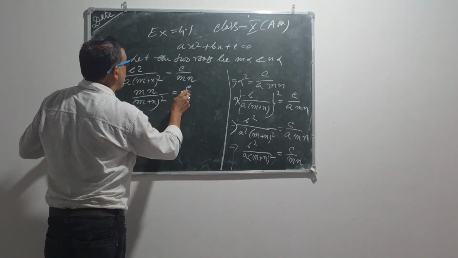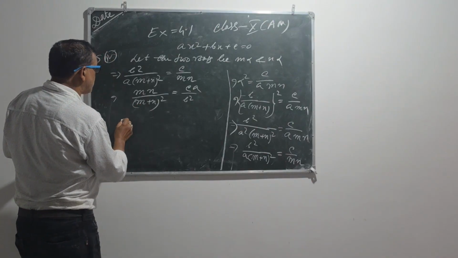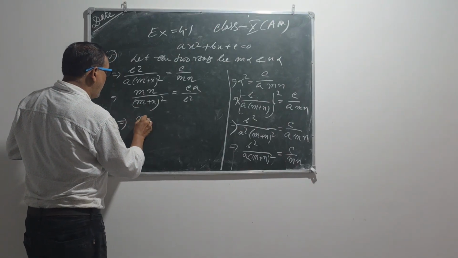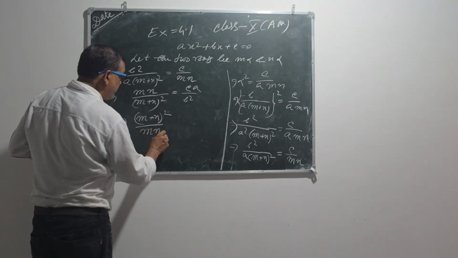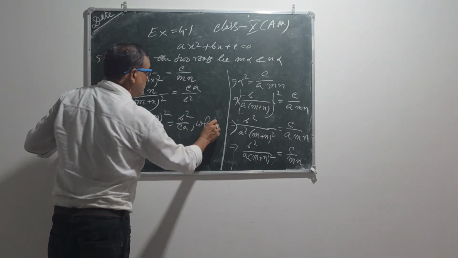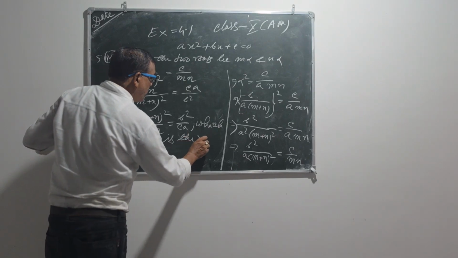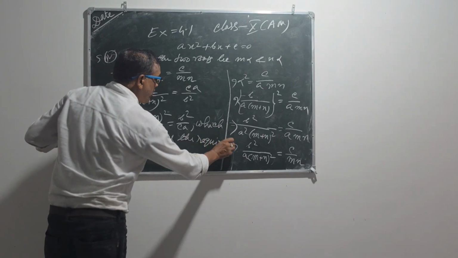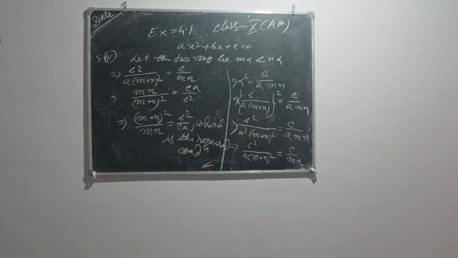B square will come down, and a will go up. If we take the reciprocal, then m plus n whole square divided by mn is equal to b square by ca, which is the required condition. So m plus n whole square by mn equals b square by ca.